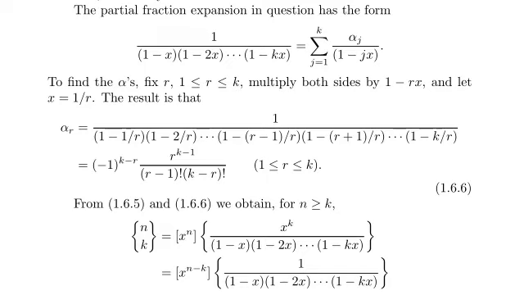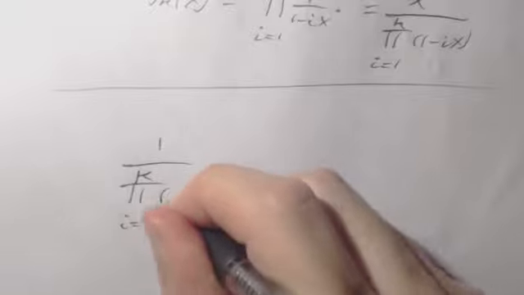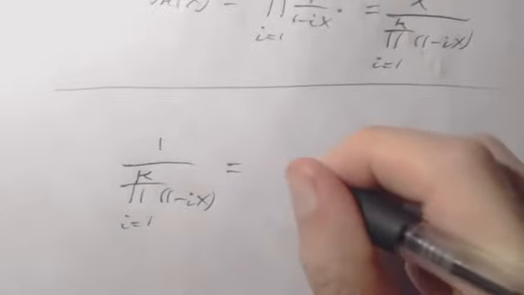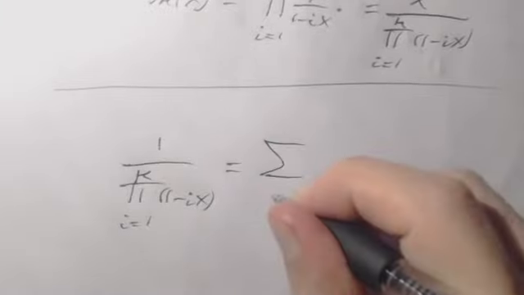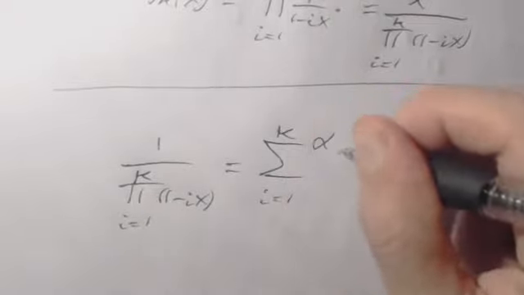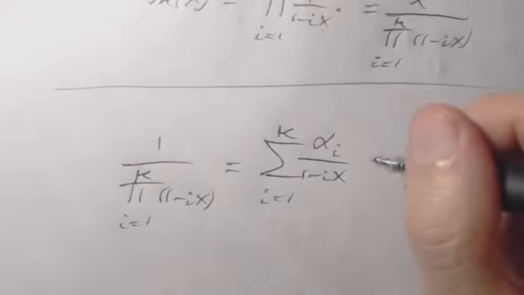If we're going to look at 1 over the product from i equals 1 to k of 1 minus ix, it's saying that this is going to be equal to the sum from i equals 1 to k of alpha_i over 1 minus ix, and we want to find the alpha_i's.